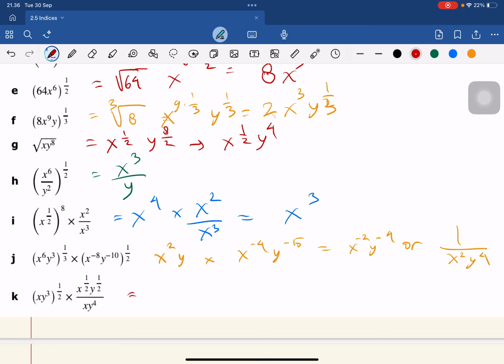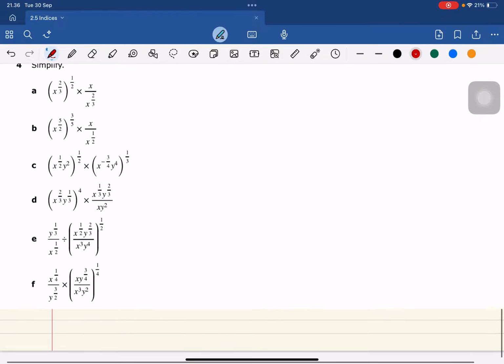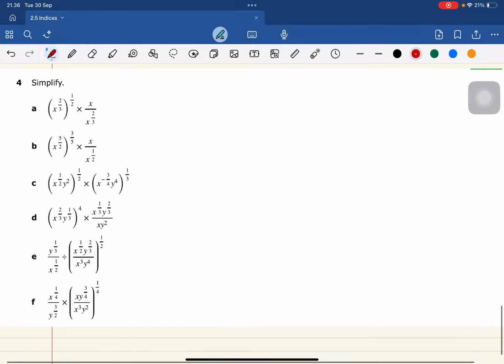Okay, go on. So this is x power 1 over 2, y 3 over 2. We multiply it by x 1 over 2 and then y 1 over 2 divided by x y power of 4, which will give us the answer of y power of minus 2, or we can rewrite as 1 over y squared. Okay, this is simplified.